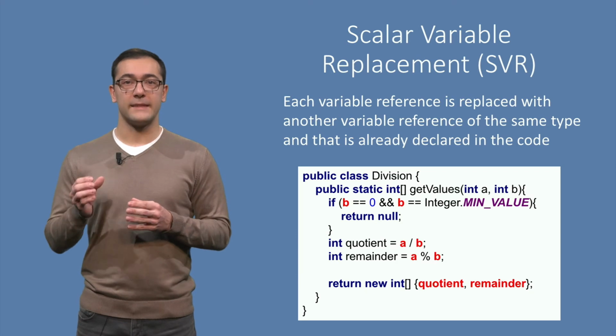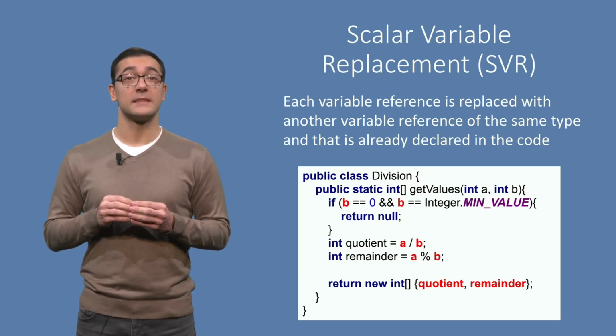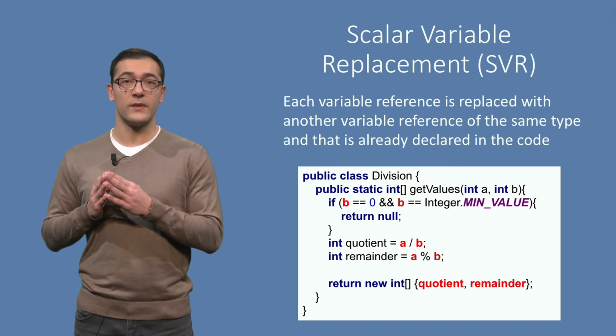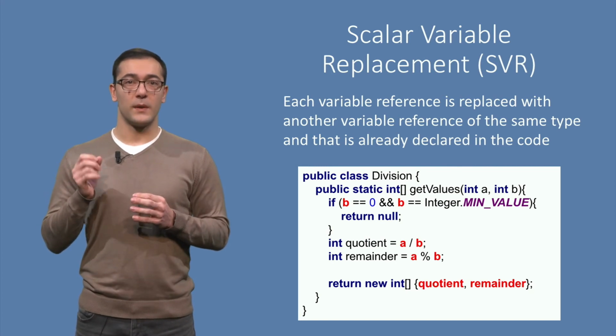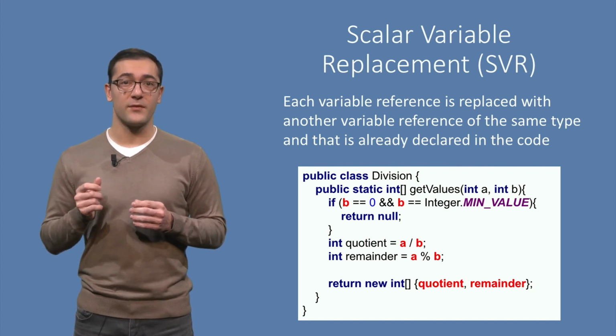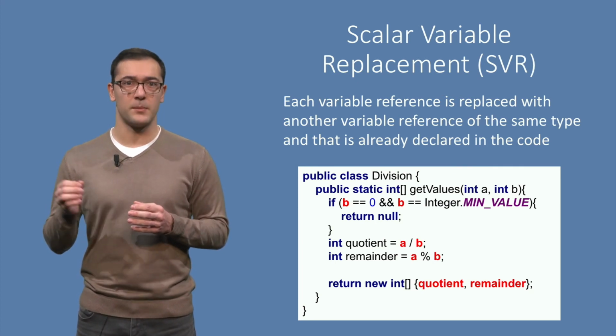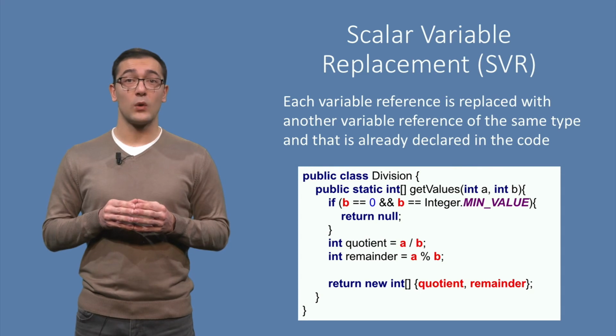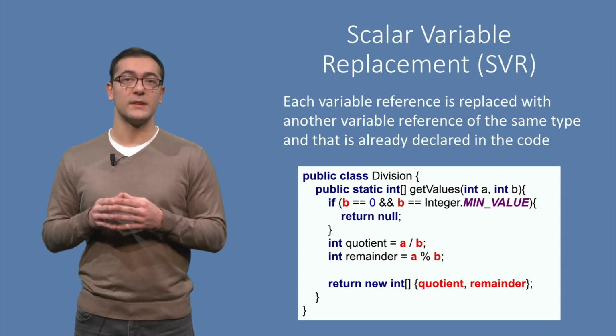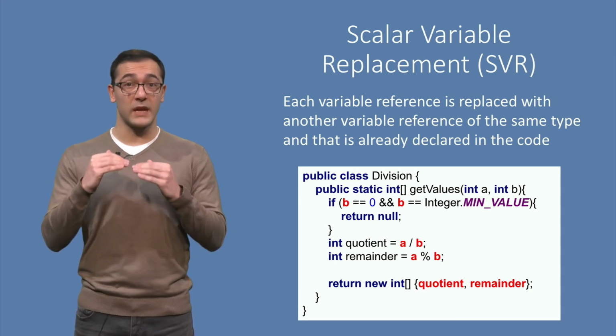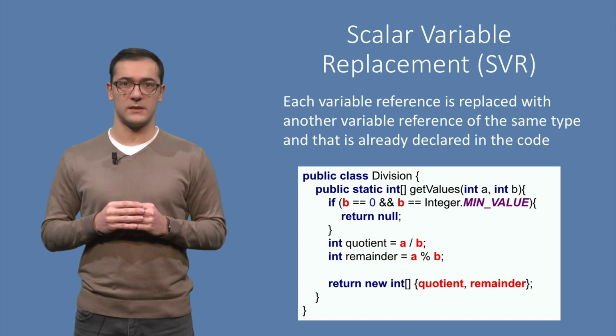The last basic mutation operator is the scalar value variable replacement. With this operator, each variable reference is replaced with another variable reference of the same type. To make the code meaningful, the new variable reference must be declared before the location where the mutation is inserted.